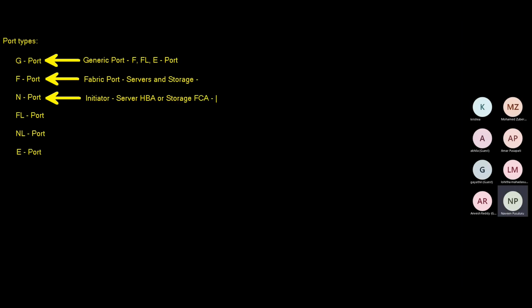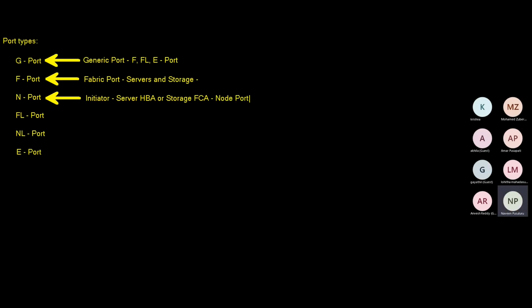That we'll call N port. That means we'll connect our N port to F port. N port resides on the server or storage. Server HBA or storage FCA will be there, right? That port which we are connecting to our switch F port, we'll call that port N port. N port means nothing but node port.